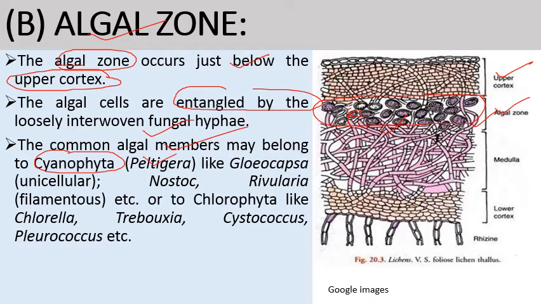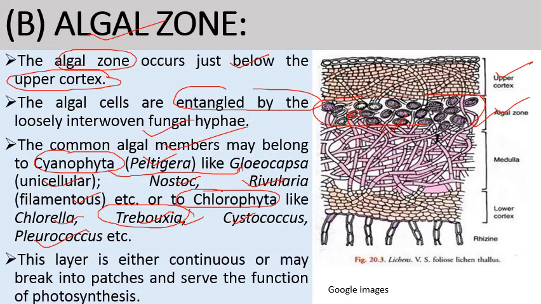The blue green algae present in Peltigera include Gloeocapsa, a unicellular alga, Nostoc, and Rivularia, a filamentous form. Other members are of Chlorophyta, green algae like Chlorella, Trebouxia, Cystococcus and Pleurococcus. Out of these, Trebouxia is the most commonly found green algae in case of lichens.